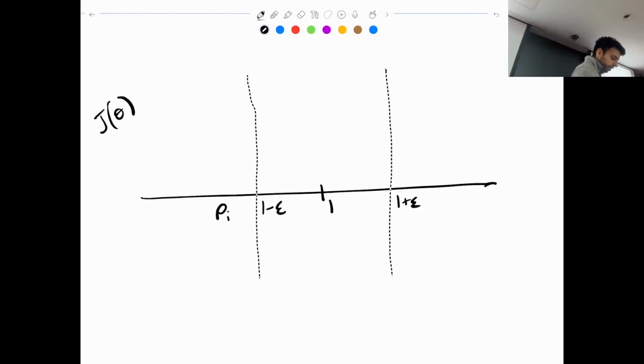And so there's two cases that we want to plot. One is the advantage at a particular token is above 0, right? And so basically we want this thing to make no updates once we've exceeded the 1 plus epsilon policy ratio.